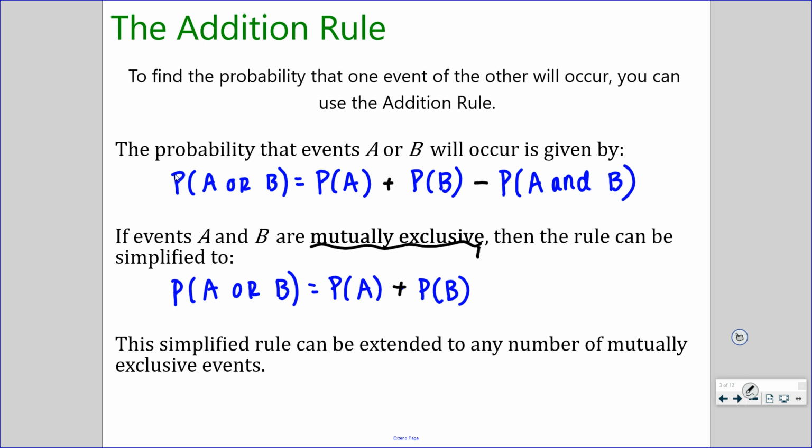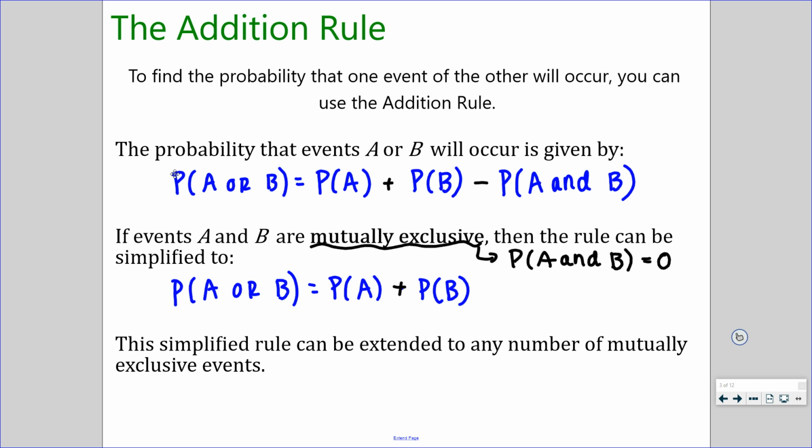Mutually exclusive means there's no overlap. That would equal 0. And then we can extend this to any number of mutually exclusive events. So if we had 4 different events, and we want to find the probability of 1 or 2 or 3 or 4 happening, we would just add those probabilities.